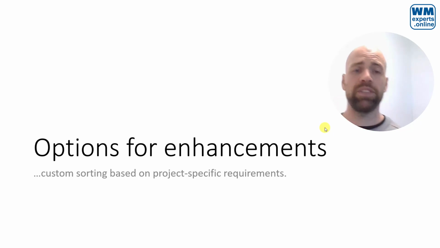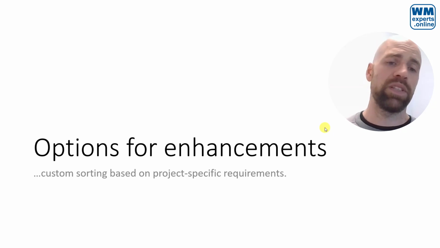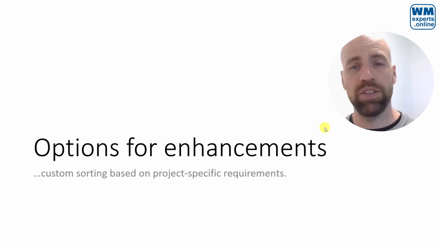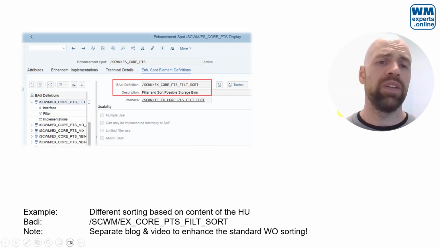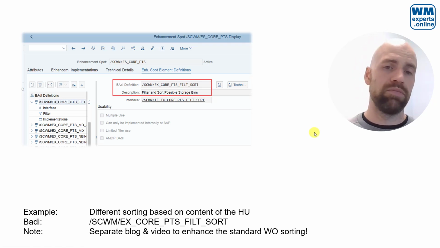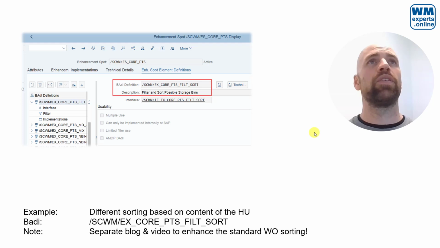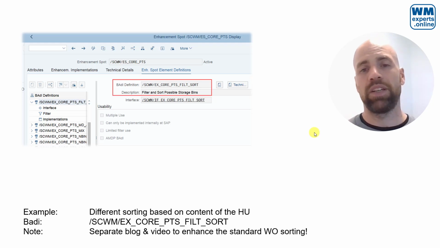With that, as promised, real quick, the options for enhancement. You can, of course, implement the custom sorting based on your project-specific requirements, and that is pretty easy. There is a BAdI, SUWM X Core PTS filled sort, and you might want to use it for, let's say, sorting based on the content of the HU.